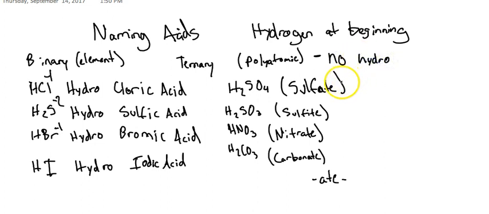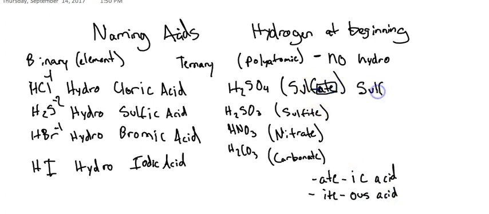We're just going to start with the name of the polyatomic. So if we have ate, we write ic acid, and if we have ite, then we just write ous acid.